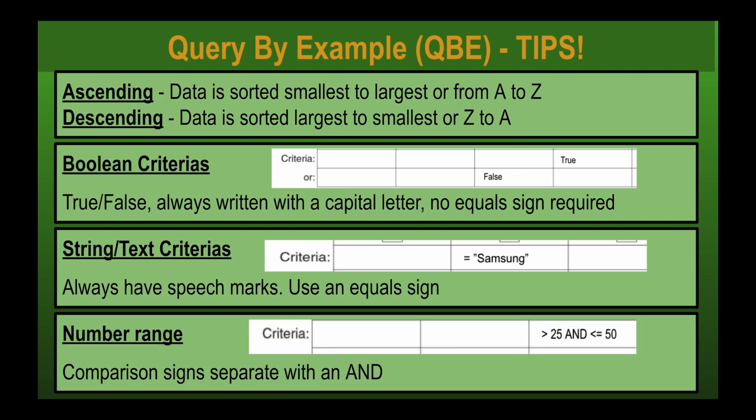And lastly, the number range. If you are using a number range, you need to have your comparison signs. If there is more than one side to the range, it should be separated by an and. So you have to put comparison sign for the greater than and a comparison sign for the less than, and they need to be separated with an AND written in capitals. We got it? We got it.